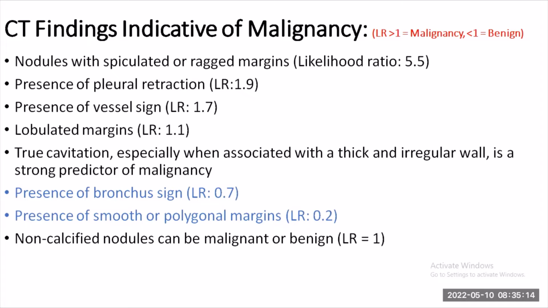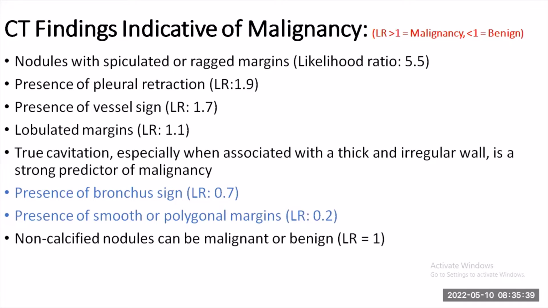If a nodule has spiculated or ragged margins, the likelihood that it's a malignant mass is 5.5 times. If there is pleural retraction, the likelihood is around 2. Presence of vessel sign, the likelihood would be around 1.7, or there is a 70% higher chance that it's a malignant mass. If it's lobulated margins, it will be around 1.1.